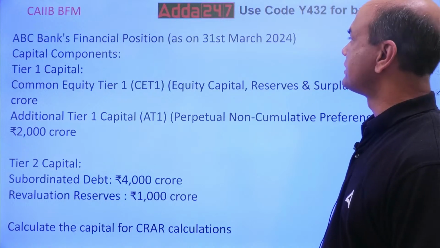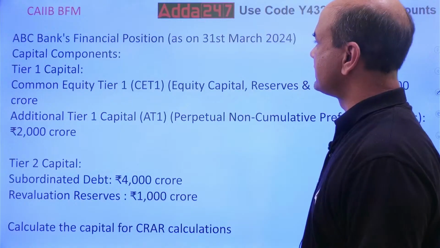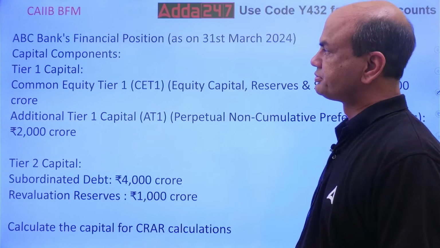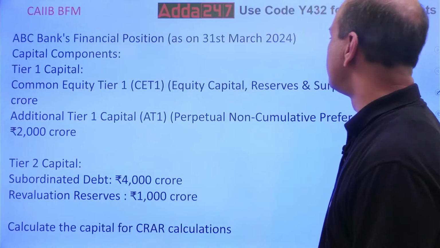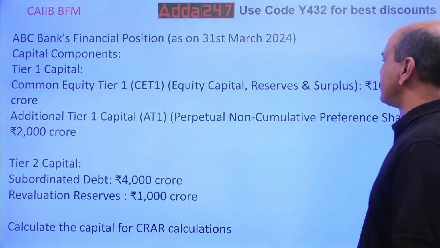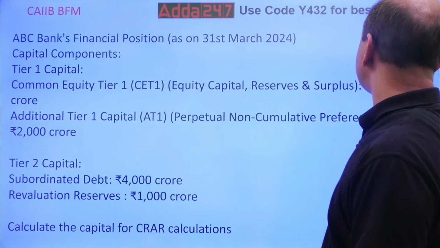ABC Bank's financial position, numerical, case study. ABC Bank's financial position is as below. Tier 1 capital, common equity tier 1, means it includes all the equity capital, reserves and surplus. That is equal to 10,000 CR.